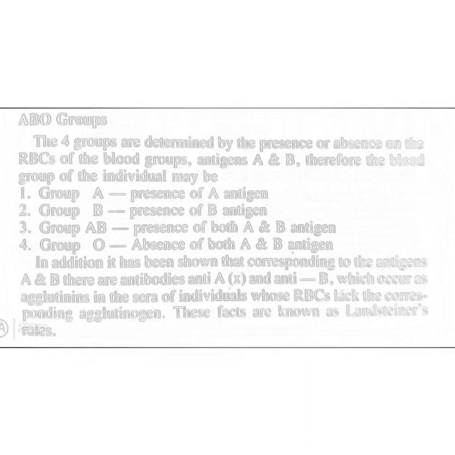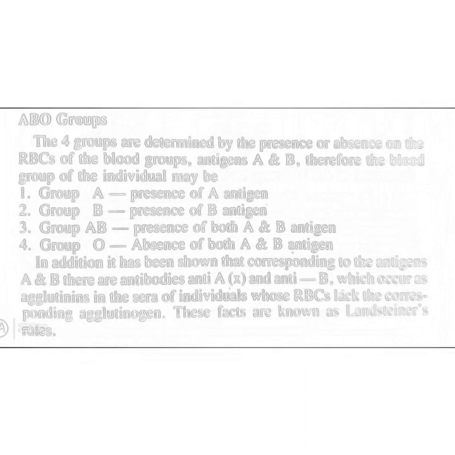Now, in addition, there are corresponding antibodies to the antigens A and B: anti-A and anti-B. This is the main point. If red blood cells have antigen A, there must not be antibody A; there must be antibody B. And if on the surface there is antigen B, the serum will definitely contain anti-A.